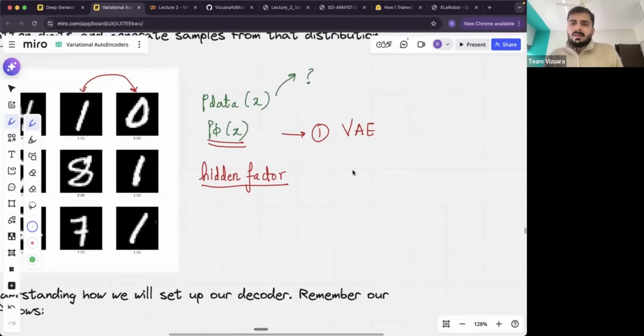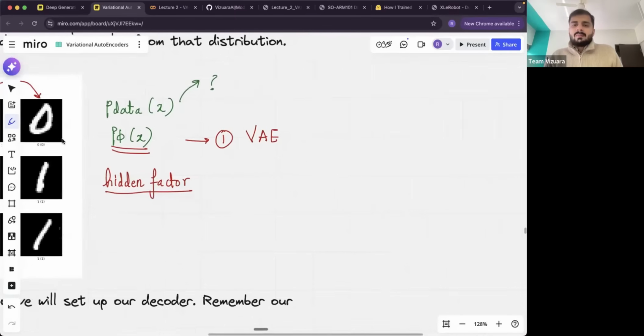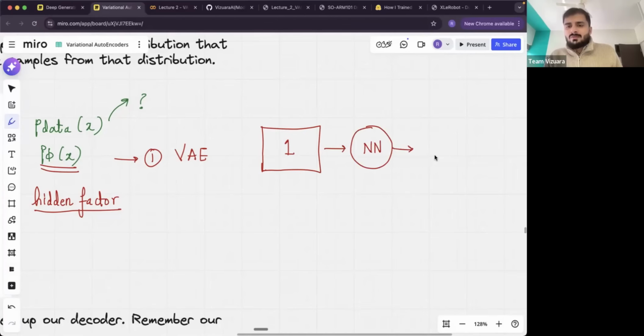Now, let's try to look at the encoder first in detail. The objective of the encoder is to take any image. Let's say I take the image 1, pass it through some neural network, and predict the latent representation for this, which is Z1 and Z2.